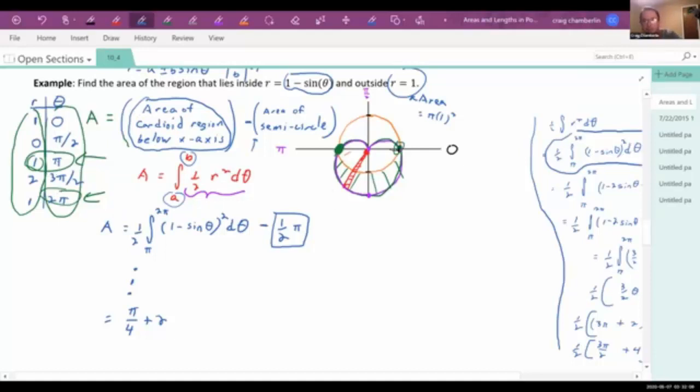So you could set up the area of the semicircle as the integral of 1/2 of, it's still the same formula, r squared d theta, okay, 1 squared, that doesn't do much, d theta, same limits of integration.